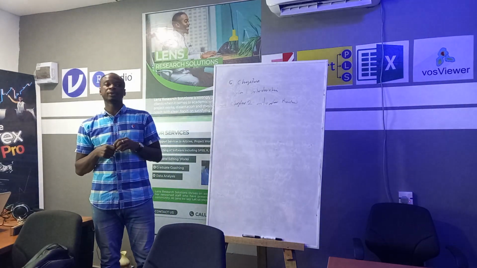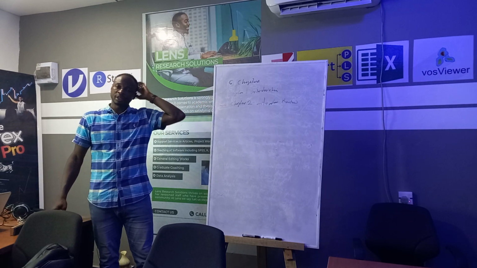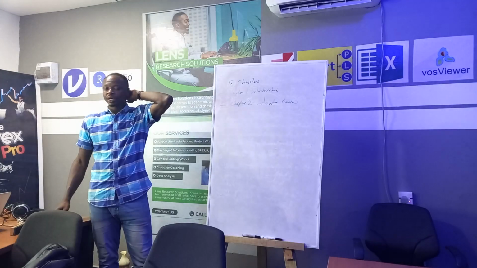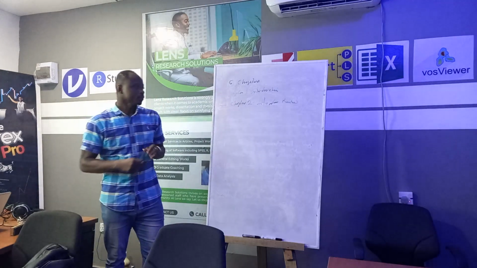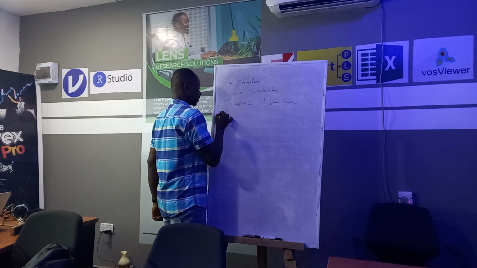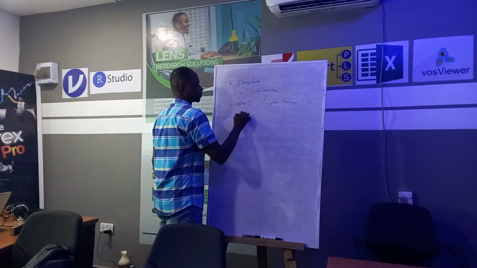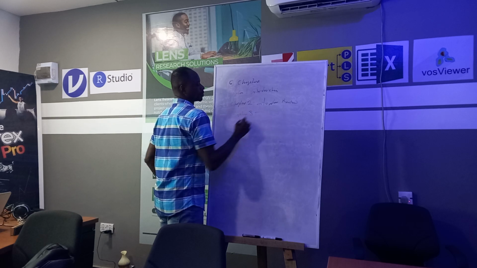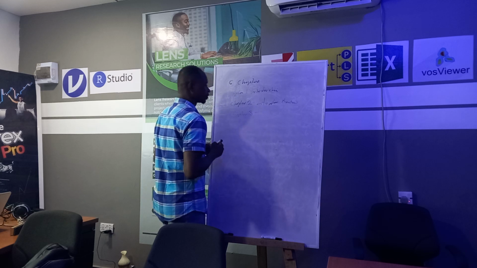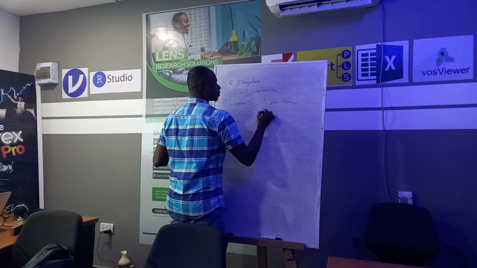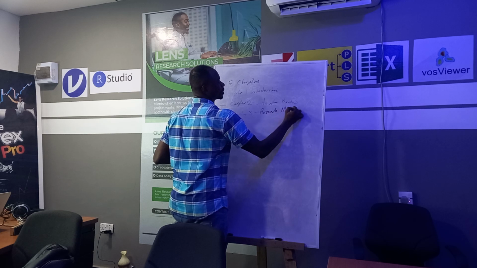In a PhD, you will be required to split chapter 2. But I will teach you how to do all those things, so it's not going to be a problem at all. Then we have chapter 3. This is research methodology. Research methods. UCC calls it research methods.